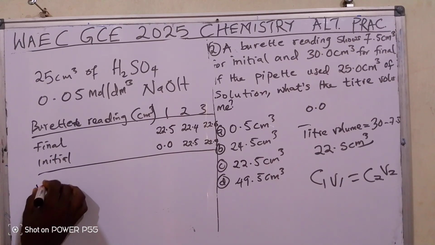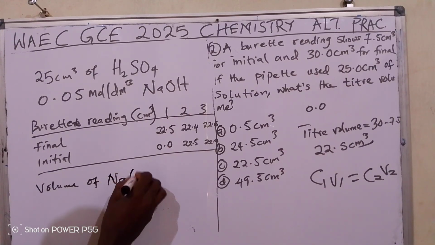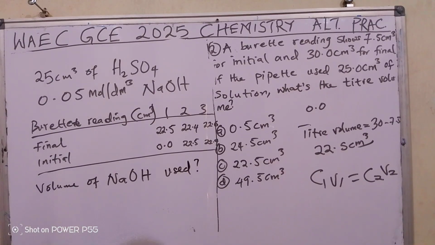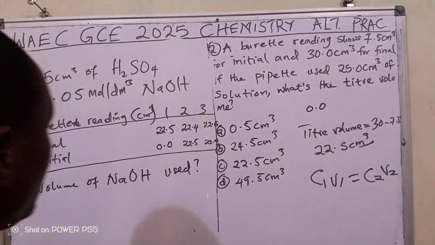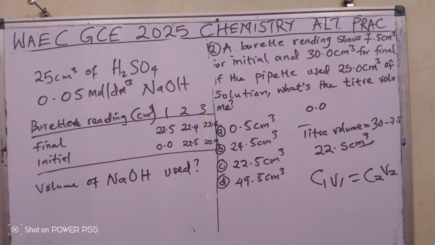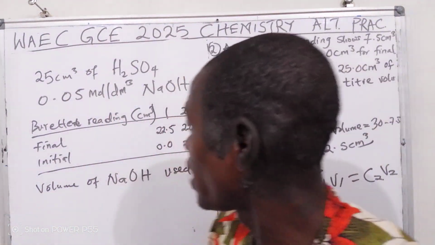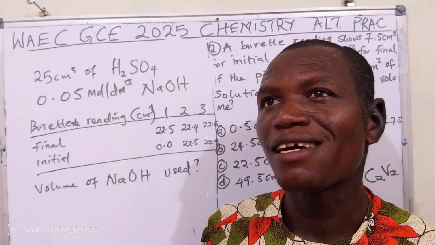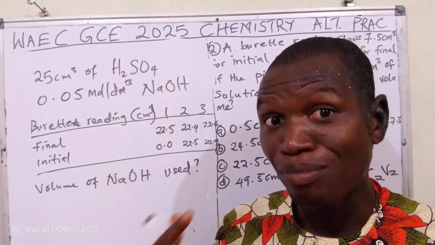So the question now says, what is the average volume of sodium hydroxide used? So we now need the volume of sodium hydroxide used. So this is the question we are expected to tackle, and it is a tricky kind of question. Now, first of all, let me quickly say this. In volumetric analysis, in secondary school, we are taught that you use burette for acid and you use pipette for base.